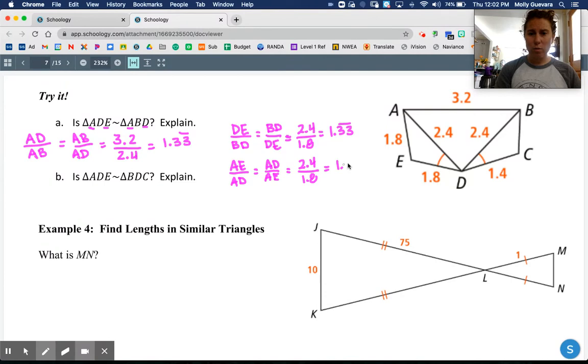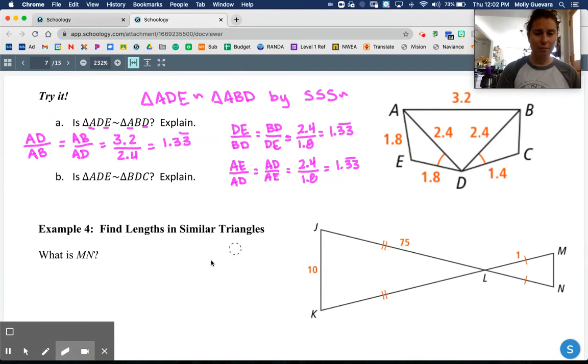And that's 1.33 repeating. So since the scale factors on all three are the same, it's 1.33. I can say that triangle ADE is similar to triangle ABD by side, side, side similarity. Wow, sorry, I'm going to do that a lot.